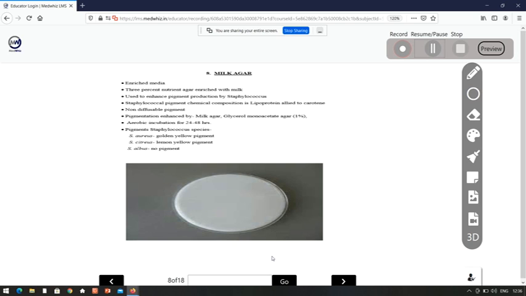Once you have subcultured, you should incubate for 24 to 48 hours. Thereby, we see the pigment production by various organisms or species. Staphylococcus aureus produces golden yellow pigment. Staphylococcus citreus will produce lemon yellow pigment. In case of Staphylococcus albus, there is no pigment production.